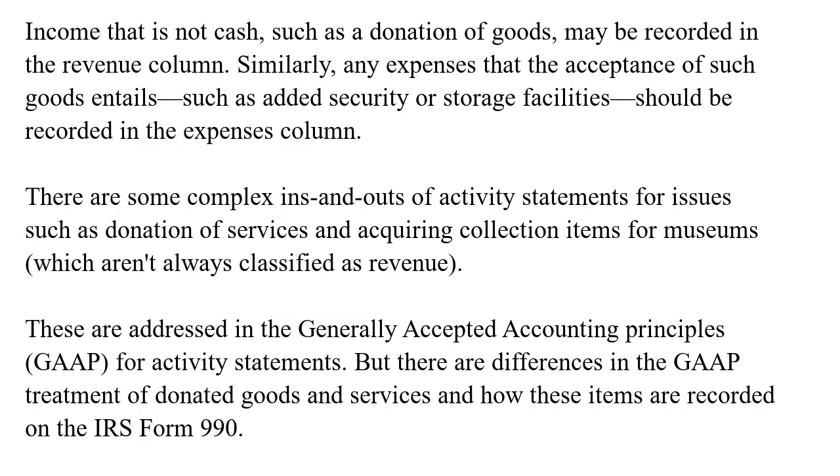These are addressed in the generally accepted accounting principles, that is GAAP, for activity statements, but there are differences in the GAAP treatment of donated goods and services and how these items are recorded on the IRS Form 990.